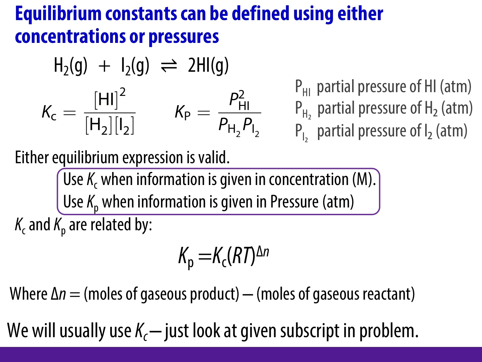We can equivalently, for gases, since the concentration is proportional to the partial pressure, write things in terms of the partial pressure of each gas. So P sub HI means the partial pressure of the gas HI.